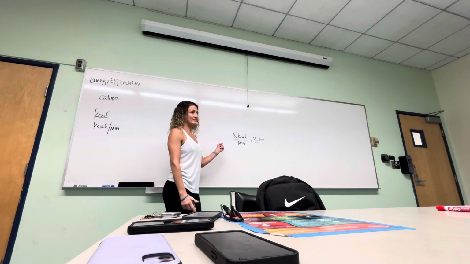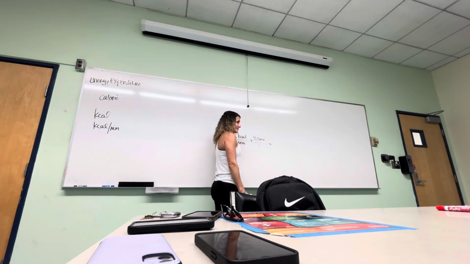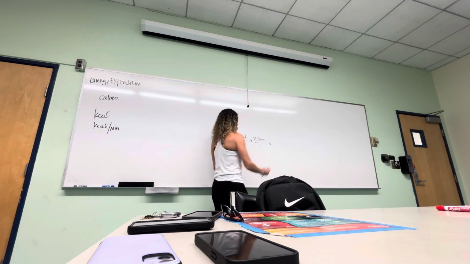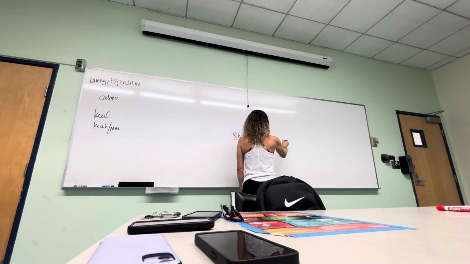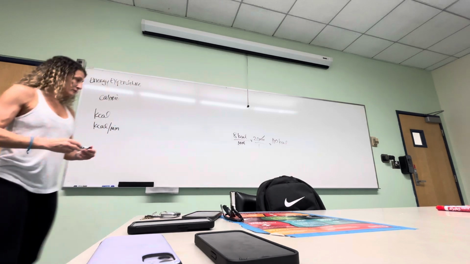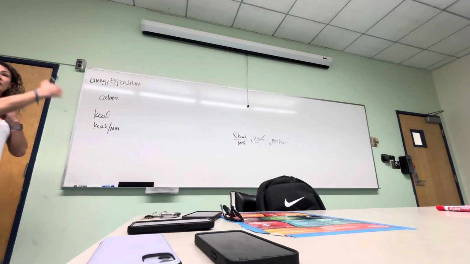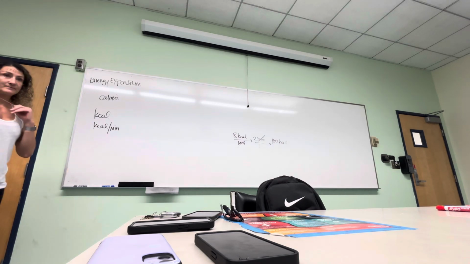What would you do? What would you type into your calculator? 8 times 20. So what do you get? And then this is total calories because the minutes would cancel out. Okay? So calories can be expressed either way. Calories per minute, or if you know how many minutes you're doing it for, you can figure out total calories.